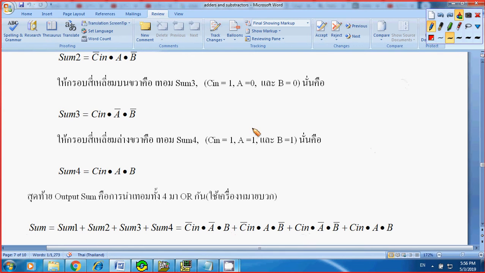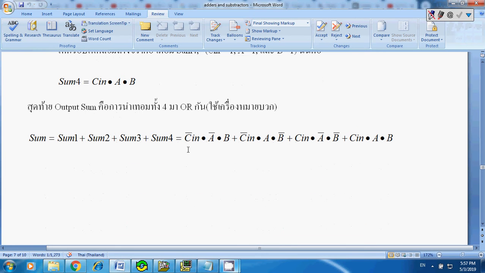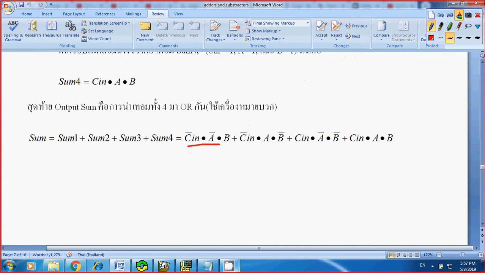And so for the output sum, you can see that you cannot minimize terms. But before I move to the output carry, let's take a look at your circuit. In this case I'm using PSpice. So basically the way you draw the circuit, you need 3-input AND gates.